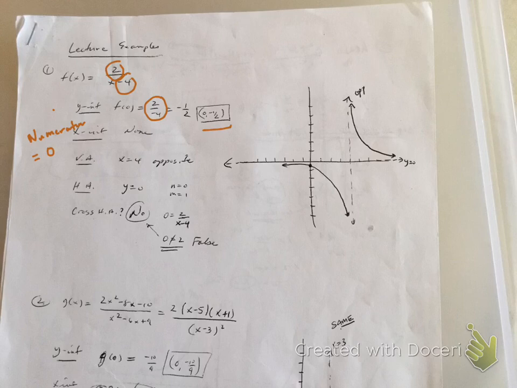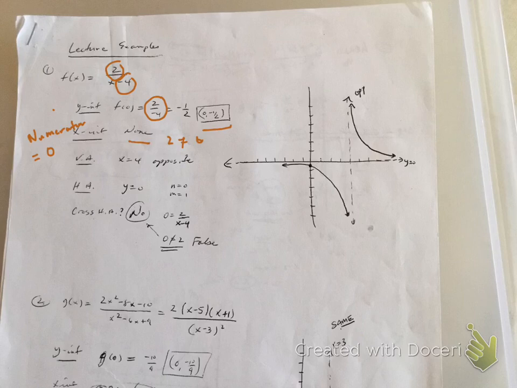Next time I do this, I'm just going to say n equals 0. In this case, if you set 2 equal to 0, you get no solution. So no solution means there are no x-intercepts.